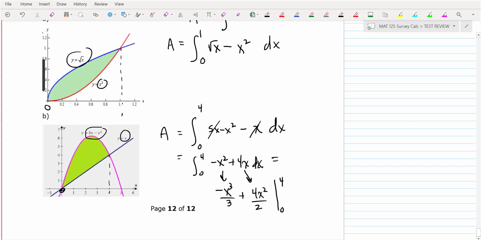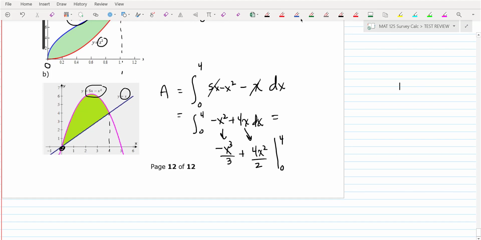Now, you can use your calculator to certainly help you with this and everything. So what we would do from here then, I'm just going to move everything over here, plug in the 4, so you would have negative 4 to the third over 3. See, 4 over 2 is 2, so you want to simplify that. So that would be plus 2 times 4 to the second, like that.